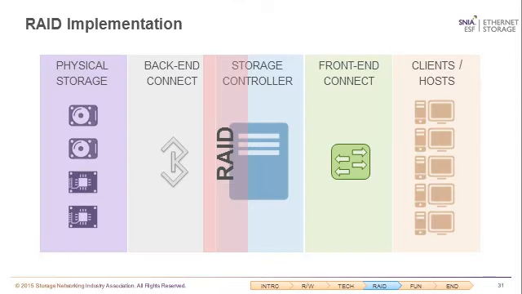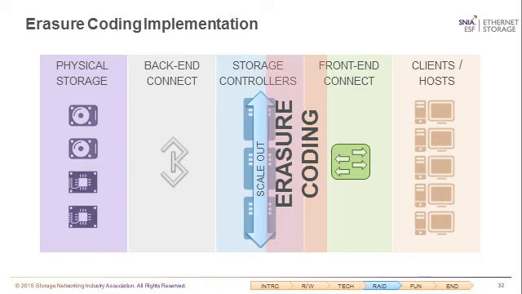So, RAID. We've tended to implement RAID at the storage controller, but it's not just RAID, right? The world is changing. If you look at RAID, it doesn't cover one important bit that we have seen in the last few years: when you have multiple storage controllers within the same storage array, or we're using a technique called scale out, we are not able to use just RAID to protect information, because if you lose an entire controller, everything behind that controller is gone.